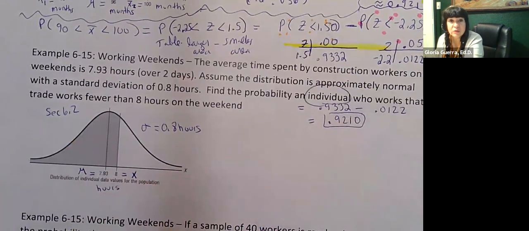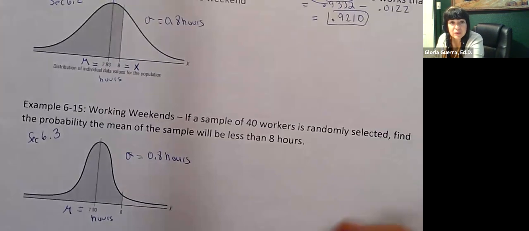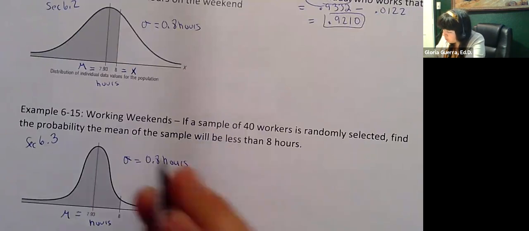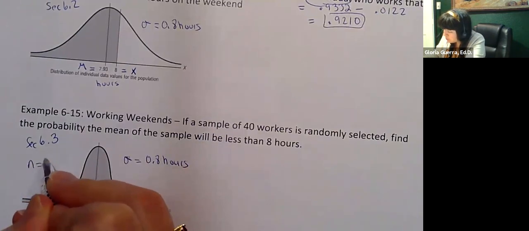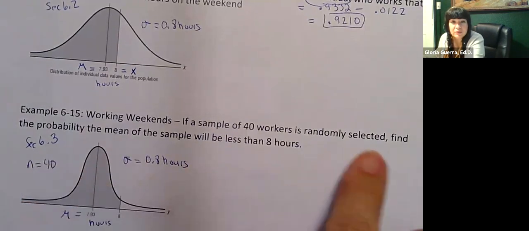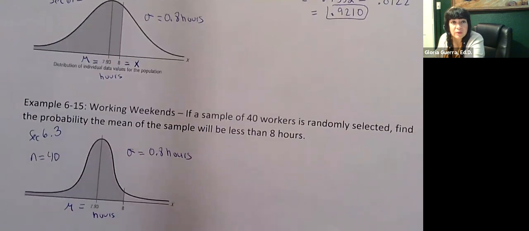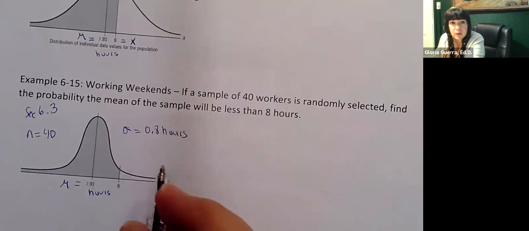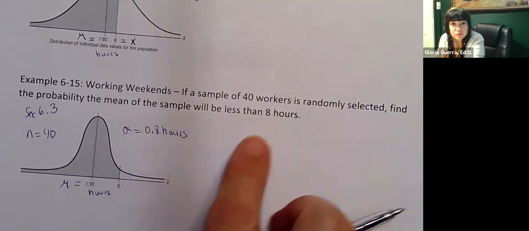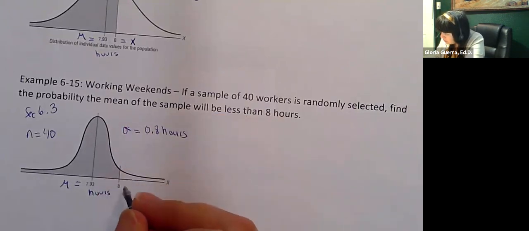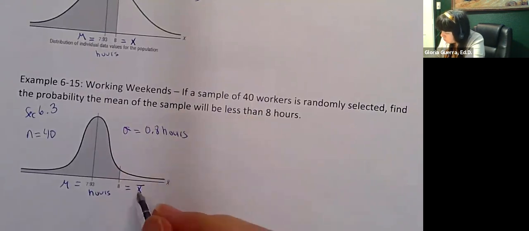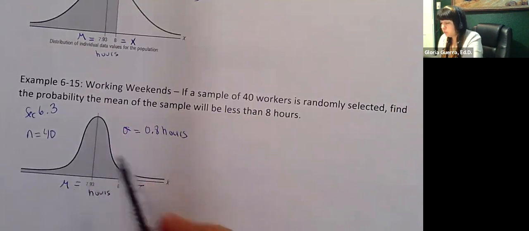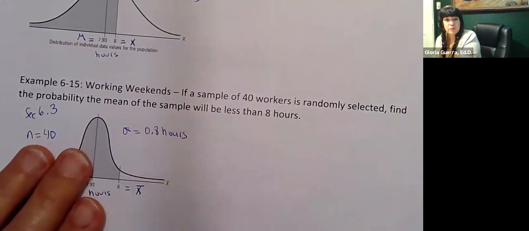Whereas in the central limit theorem, it says if a sample of 40 workers, so here n is 40, is randomly selected, find the probability the mean of the sample will be less than 8 hours. So this is 8 also, but this is X bar, the mean of the sample. See that? So this is 6.3.